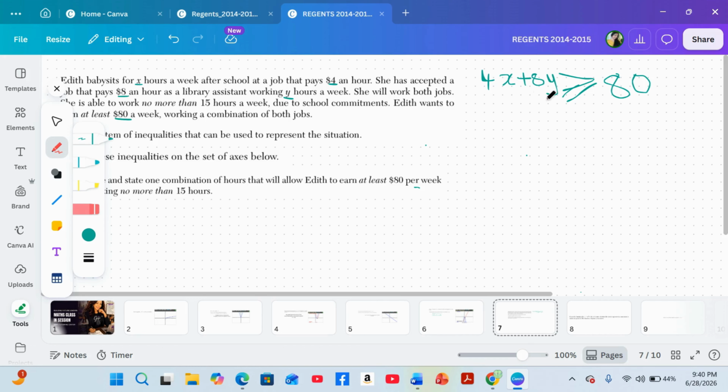Now we have to get this in terms of y. So we have 8y greater than or equal to negative 4x plus 80, divided by 4, right? Actually we can divide by 8.